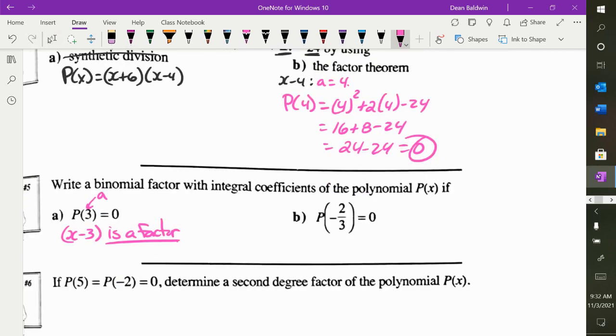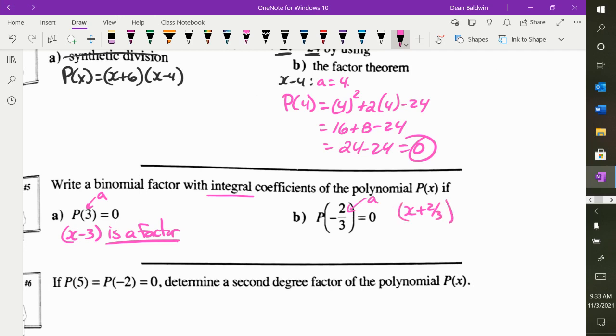So this one, P of negative 2/3 is equal to 0. That's your a value. They want us to write it with integral coefficients. Do you know what integral coefficients means? Whole numbers, no fractions. Normally we would say that x plus 2/3 is the factor.